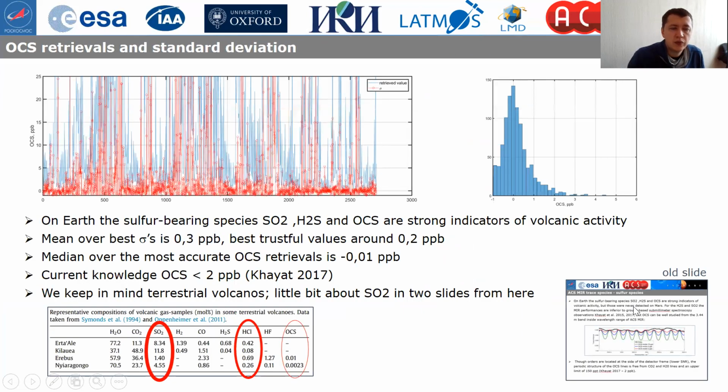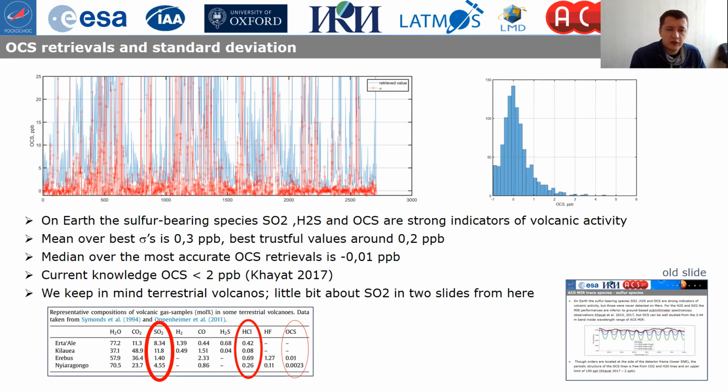Okay, now for a species, OCS. So sulfur-bearing species, what we can do is we can do SO2, H2S, and OCS. And if we would see them, we would say that, okay, great, there is a volcano on Mars, never found before any volcanic activity. But for the OCS, we're not seeing anything.